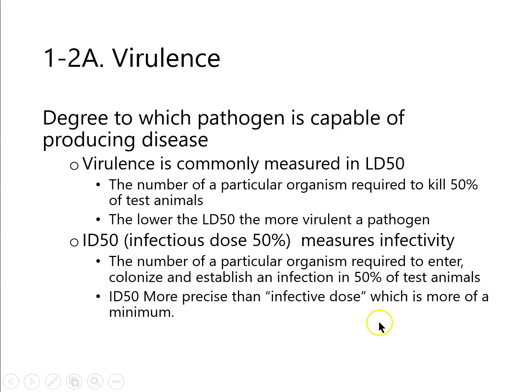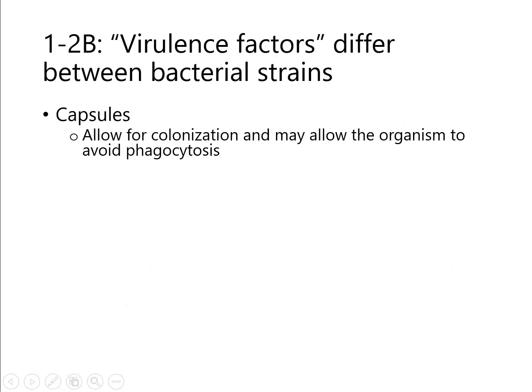The infective dose is meant to be a minimum, whereas the ID50 is a repeatable, experimentally determined number. Whereas a minimum is harder to pin down. So it's hard to find infective doses. And that's all there is to that.